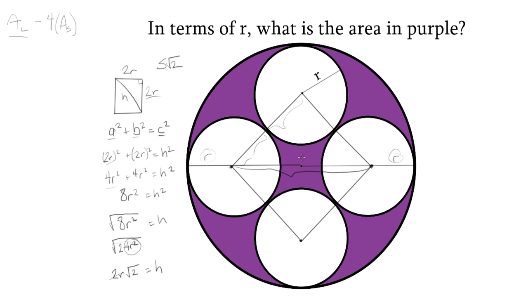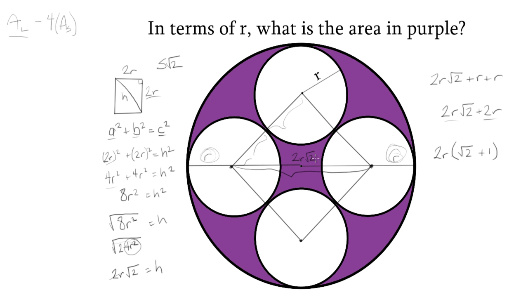So this is 2r root 2, and we add to that r plus r for my external radii here, and that gives me 2r root 2 plus 2r. Now I can factor out this 2r to get 2r times root 2 plus 1.